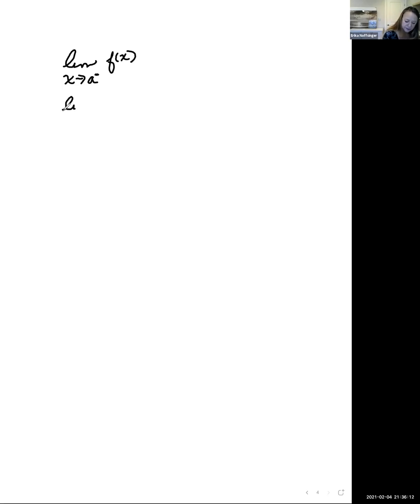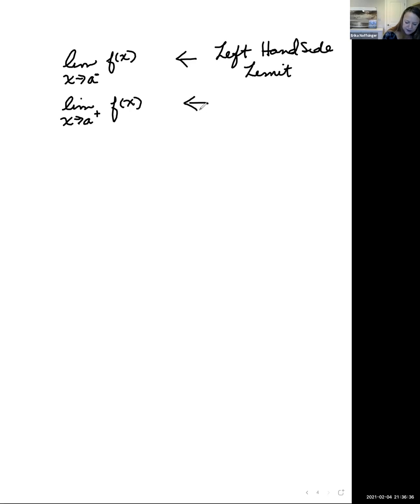If I was looking at the limit as x is approaching a on the right, remember I put that plus superscript, of f of x. So this is the left-hand side limit, and the other one was the right-hand side limit, looking at values close to a, but bigger than a. The other thing we said, left and right-hand side limits might give us different values.